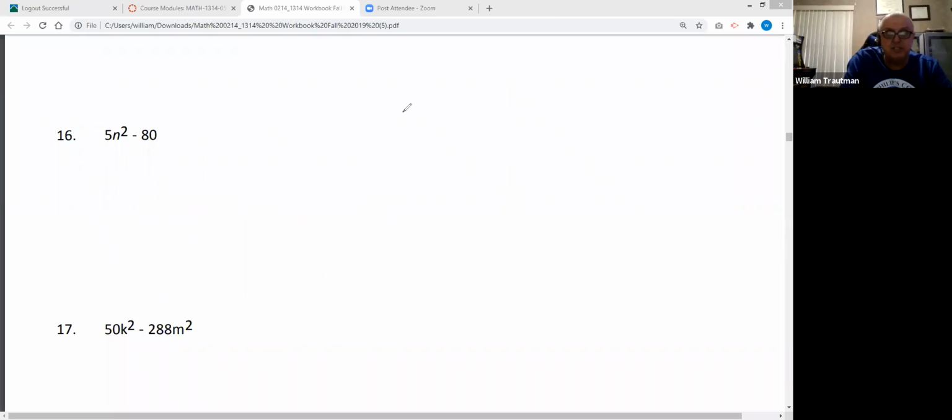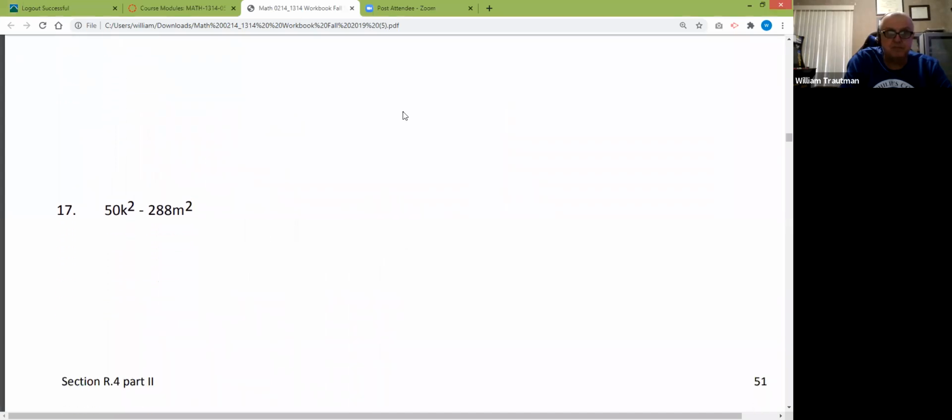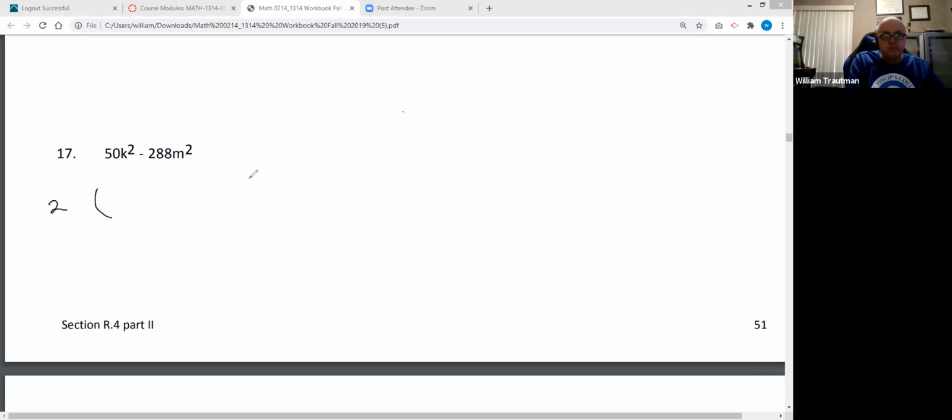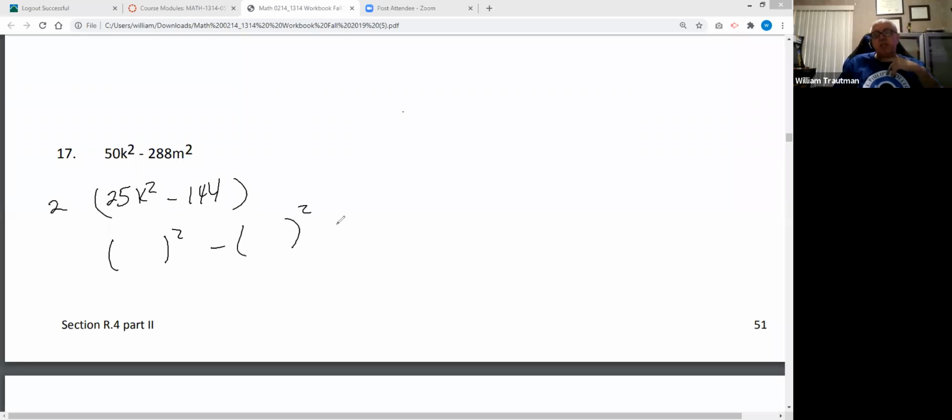Let's see how you guys do. So you might have to put the square root of 25 in your calculator and the square root of 144, unless you know it.